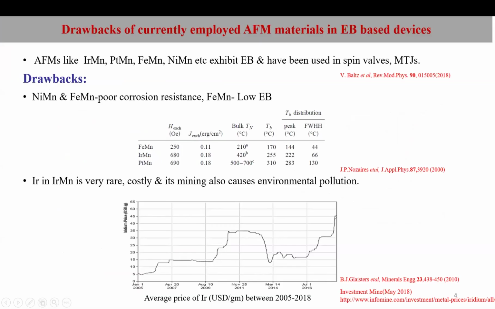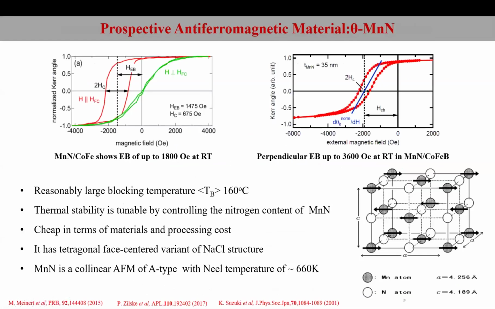That's why it is very rare, and it causes greenhouse emissions and also leads to depletion of water. So we need to search for an alternate antiferromagnet.